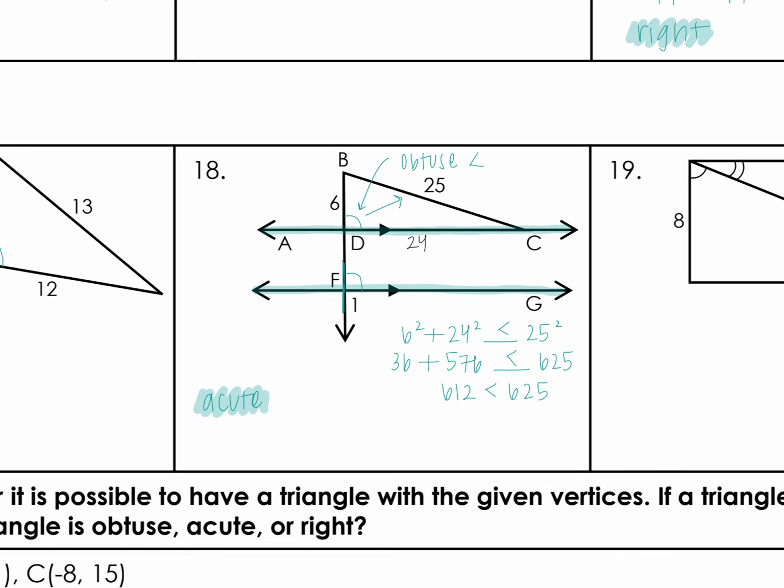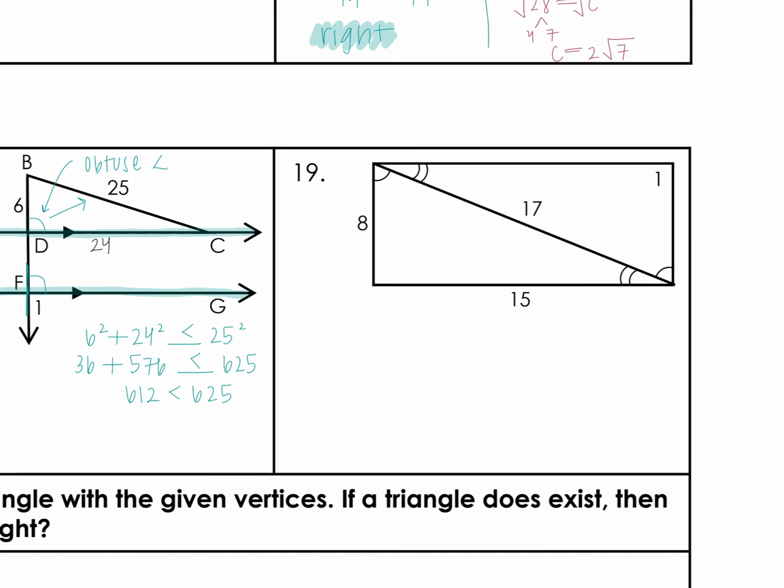All right, so our last one for these types of problems. So here what we notice is that we have our triangle on this side, okay, given with 3 side lengths. So we're going to start off with that, and we can use that 8 squared plus 15 squared.